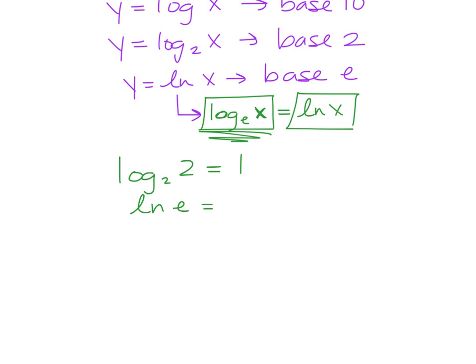This is my friend Lenny, the natural log of e, Lenny. Think about what this is saying right now. It's essentially saying the log base e of e is what? 1. So Lenny is a little 1-year-old. He's so cute, right? Little Lenny.